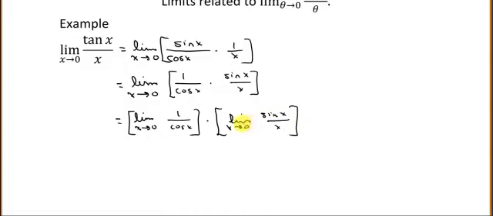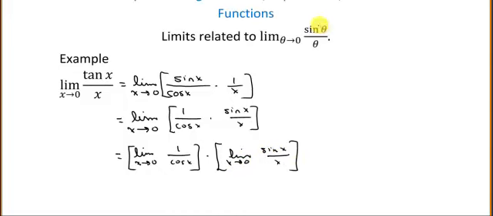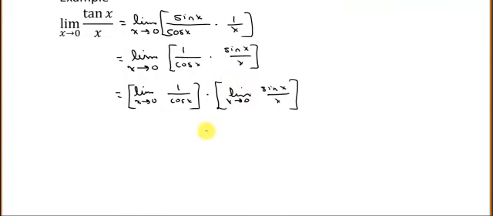And again, this is the same limit that we have up here, stated in terms of x rather than theta. So this limit is 1, assuming that x is measured in radians. And this is a continuous function, so it's 1 over the cosine of 0, and the cosine of 0 is 1. So this is 1 over 1 times 1.